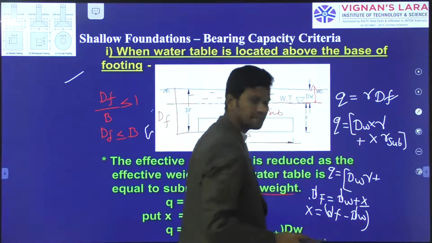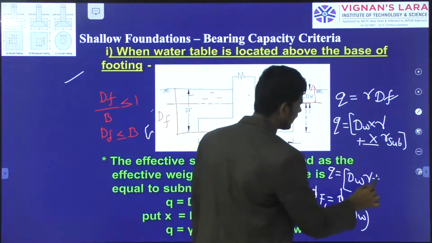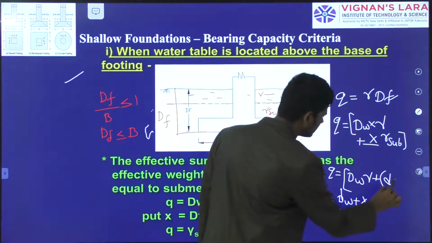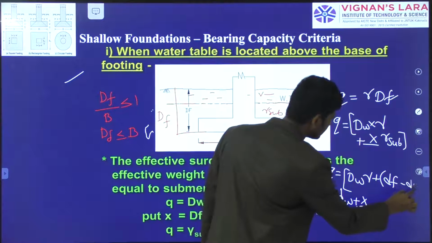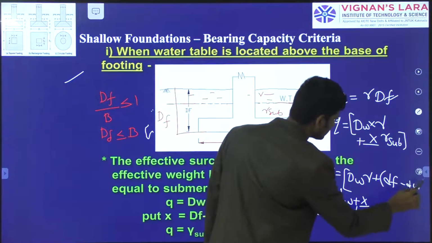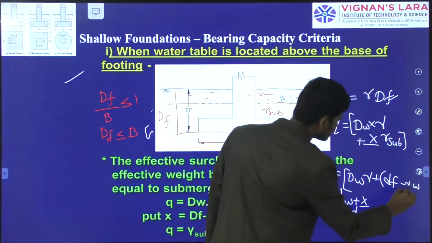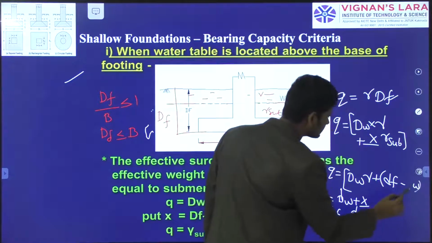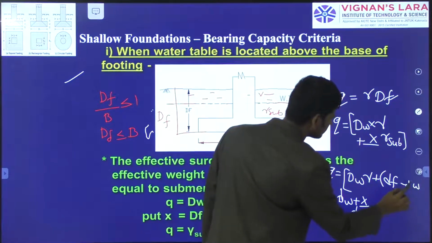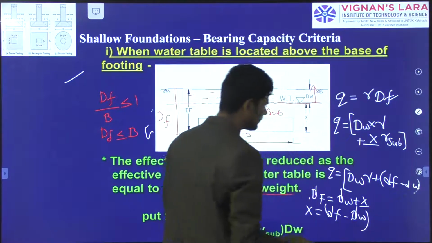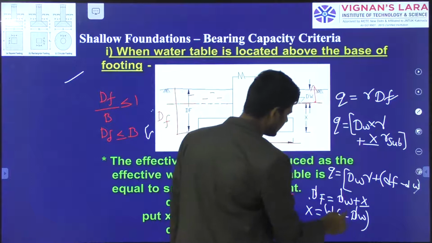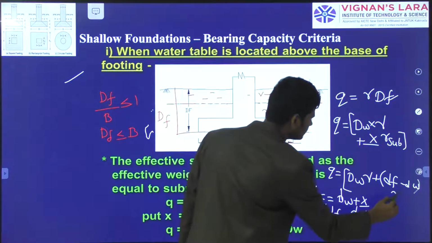That value I will substitute here: x as df minus dw, into the gamma submerged unit weight.